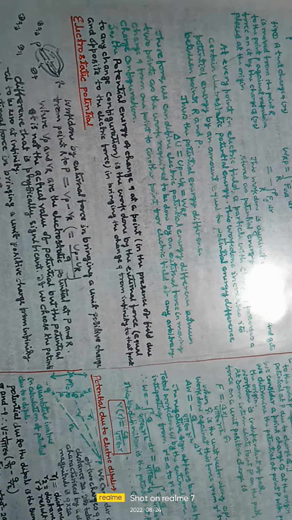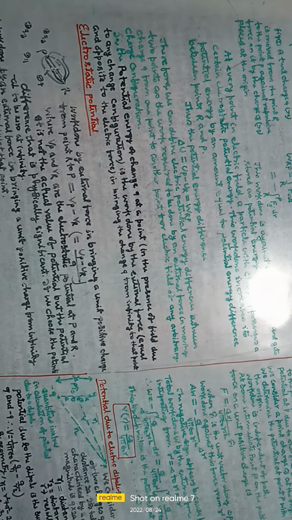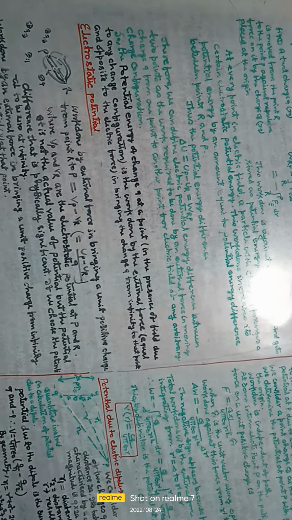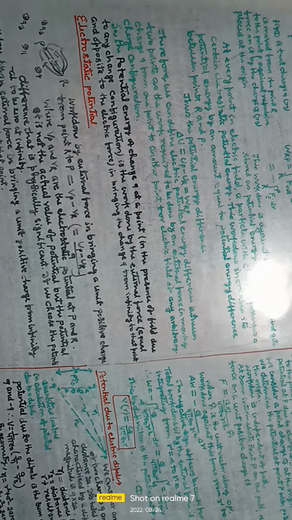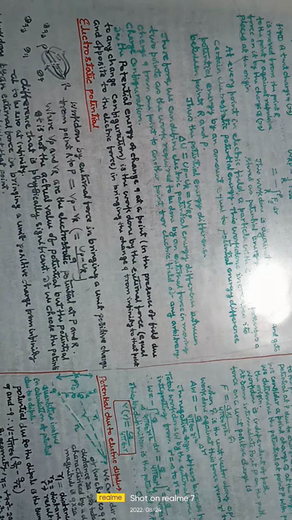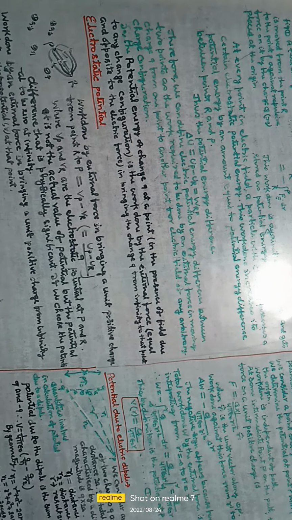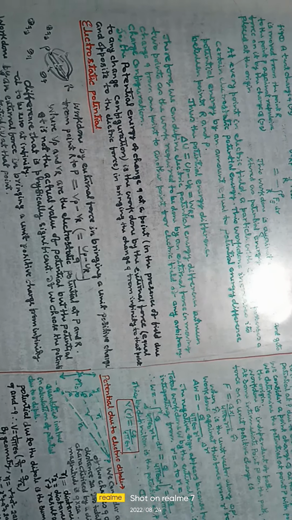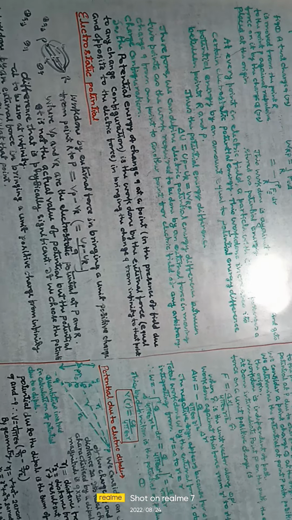If we choose the potential to be zero at infinity, the work done by an external force in bringing a unit positive charge from infinity to a point gives the electrostatic potential at that point. So, potential due to a point charge.